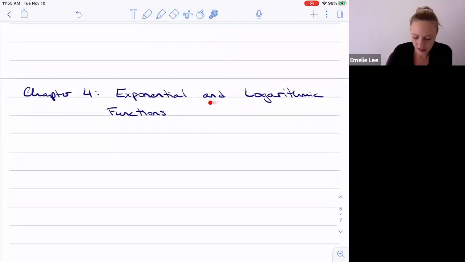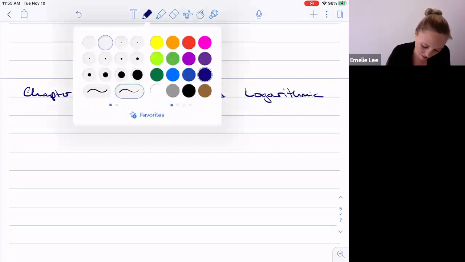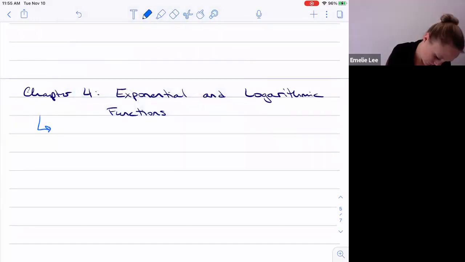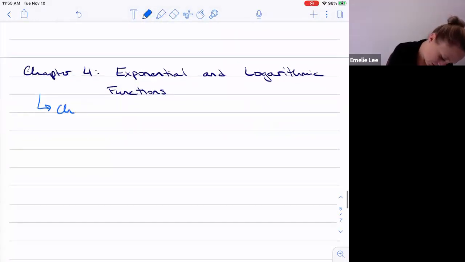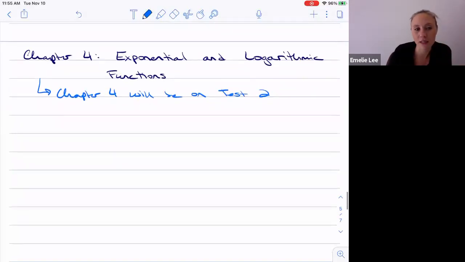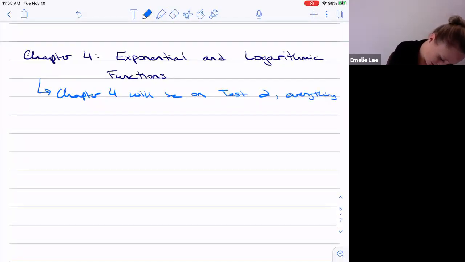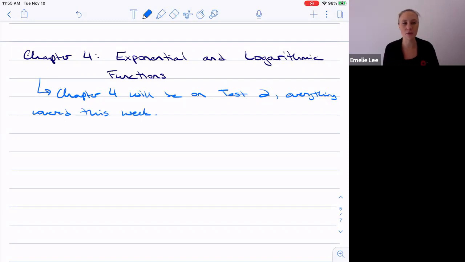Okay, so exponential and logarithmic functions will be on the test, and I'll emphasize that here. Chapter 4 will be on test 2, everything covered this week. So we'll see how far we get in chapter 4. I don't think we're going to be able to finish it, but pretty close.